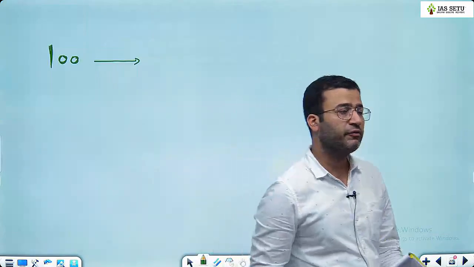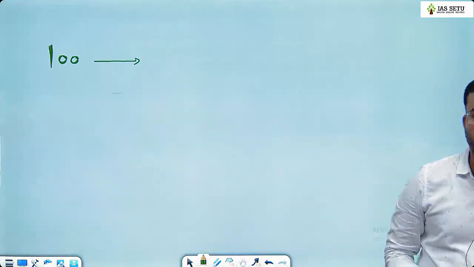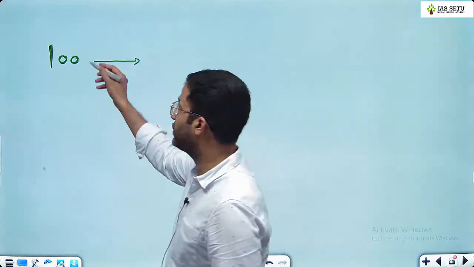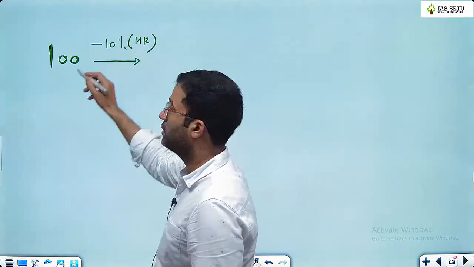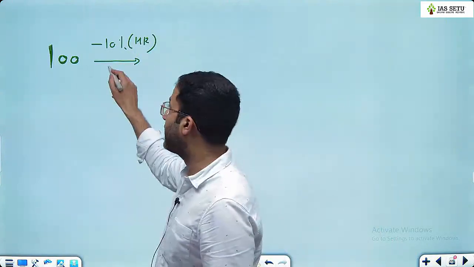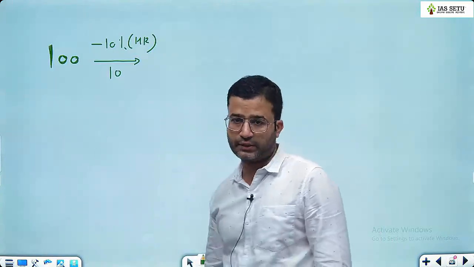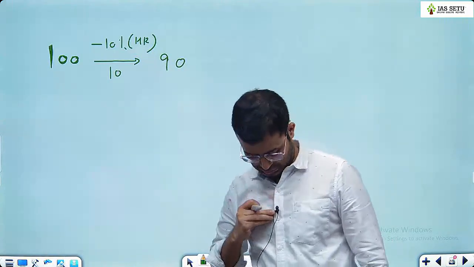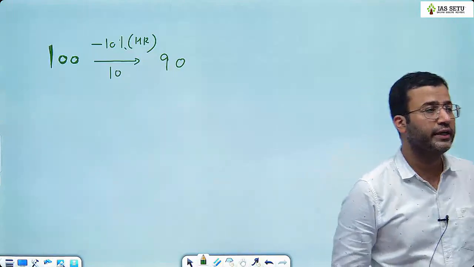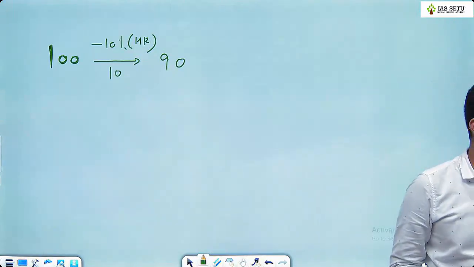Step by step, first step, 10% is deducted as house rent. Out of this 100, 10% is house rent. So what is 10% of 100? 10 rupees as house rent. Now here he is left with 90 rupees.